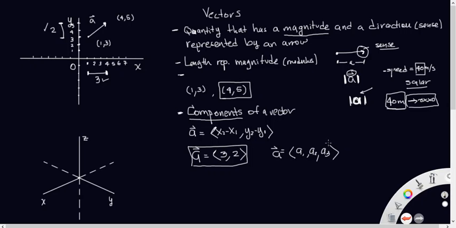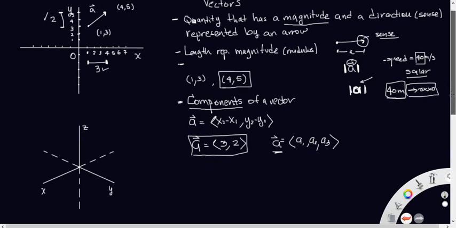So we will have this ordered triple, and the numbers A sub 1, A sub 2, and A sub 3 will be components of vector A. Okay, so please don't forget, and please don't confuse the point or coordinate location notation with this component notation.